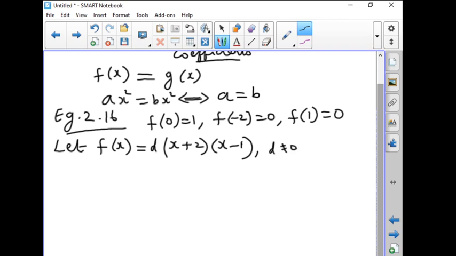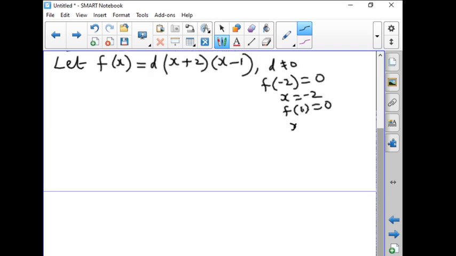So how do you get x plus 2? f of minus 2 is equal to 0 tells you that x is equal to minus 2 is a root. Similarly, f of 1 is equal to 0 means x is equal to 1.